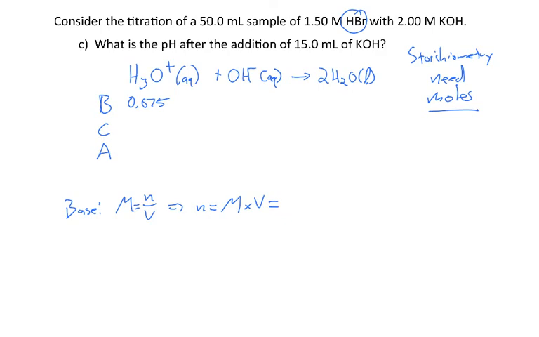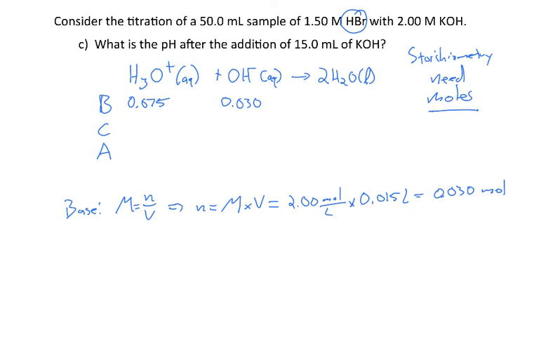So I have 2 molar strong base times 0.015 liters. I have to convert the milliliters into liters. And I get 0.03 moles of base. So that goes here in my table.